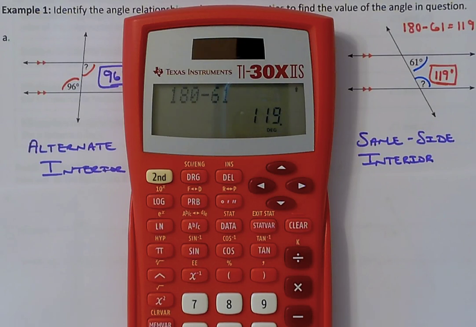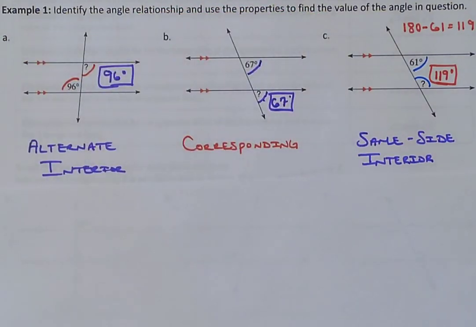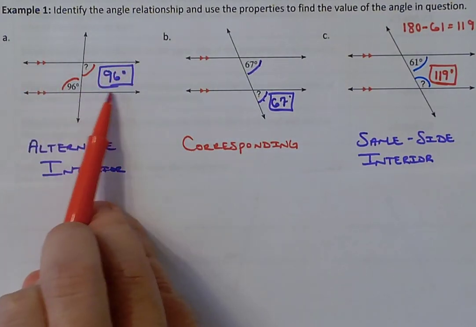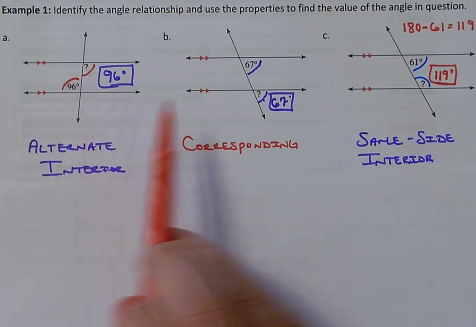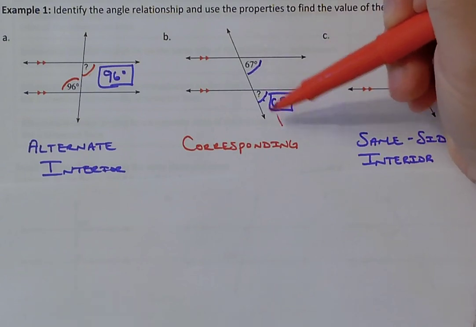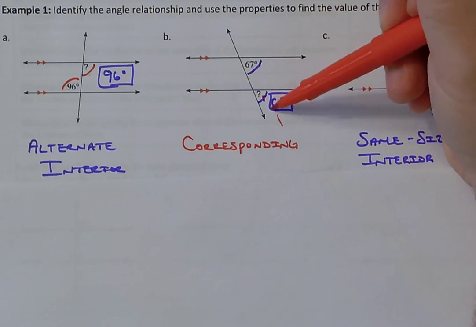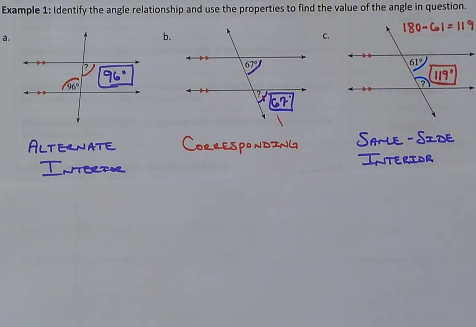All right, so we have done an example of each of them, so we're just going to fly through the remaining ones just to give you more practice in recognizing them. Remember, alternate interior, in between the parallel lines on opposite sides of the transversal. Corresponding, they're on the same side of the transversal, and they're on the same spot of the parallel lines. Corresponding is going to be not in between the parallel lines.